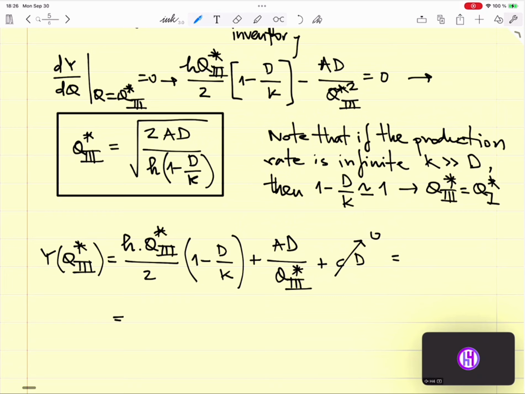So this equals, now I substitute this value in this value and in this value, okay?